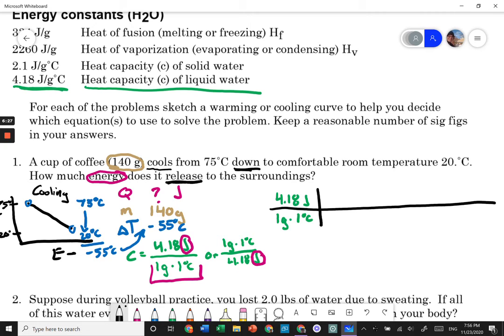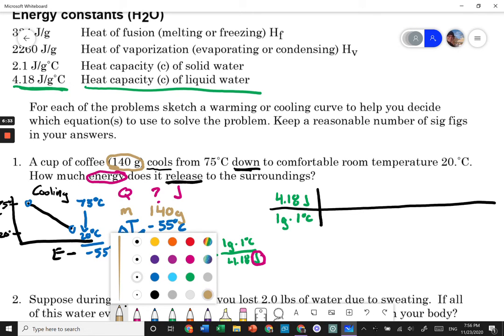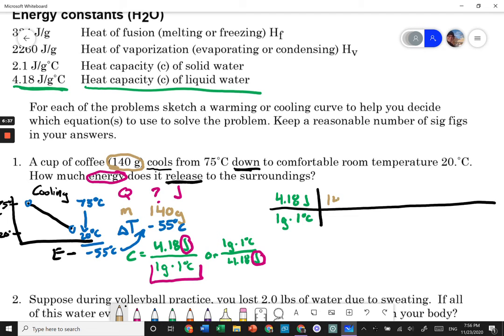But this is the amount of energy if we only have 1 gram of water, or in this case, coffee. But here, we actually ended up with 140 grams. So it should be 140 times bigger, which is why I'm going to put the mass up on top to get that higher energy. Also, by putting 140 grams on top, that allows me to cancel out my units.